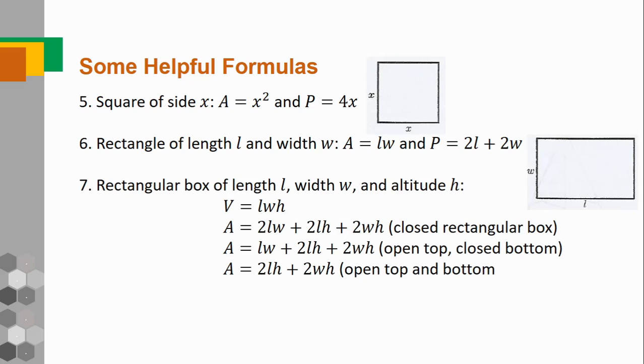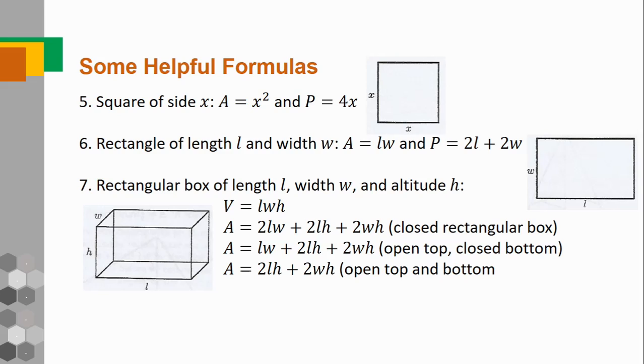A rectangular box of length L, width W, and altitude h. The volume is equal to L times W times h. And if this box is closed, the total area of the sides equals 2LW plus 2LH plus 2WH.